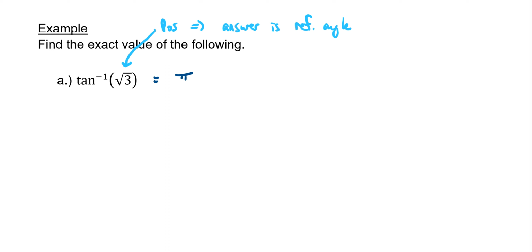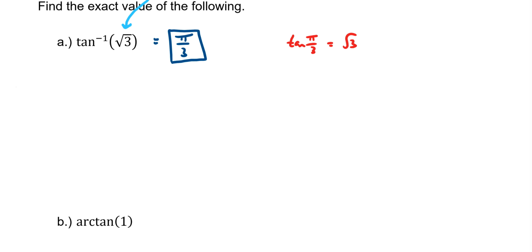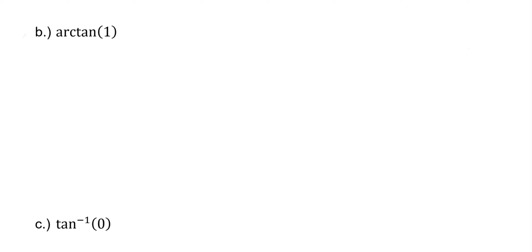That's all you need. You don't need to show any work for this one, but if you want to write down a little reasoning, it's that tangent of pi over 3 equals radical 3.